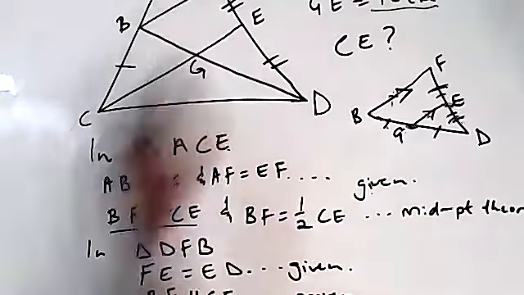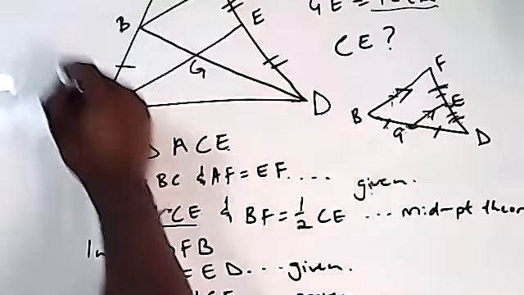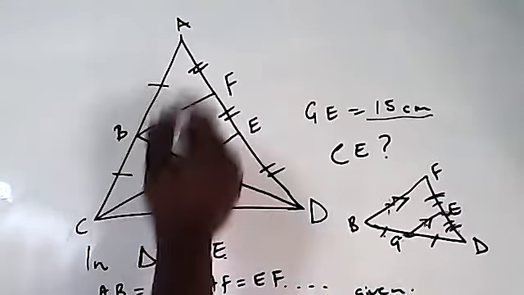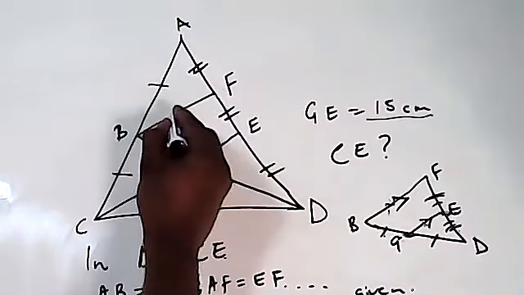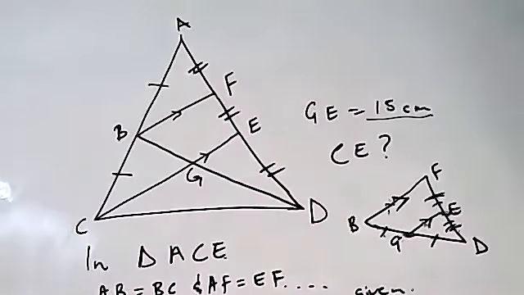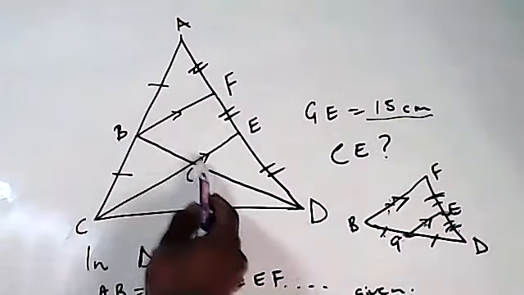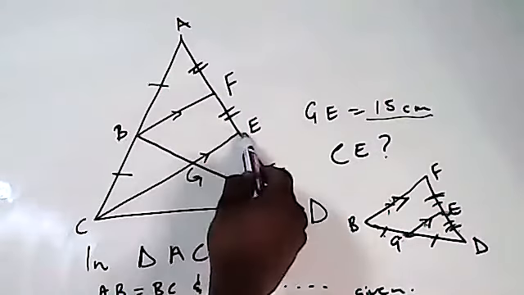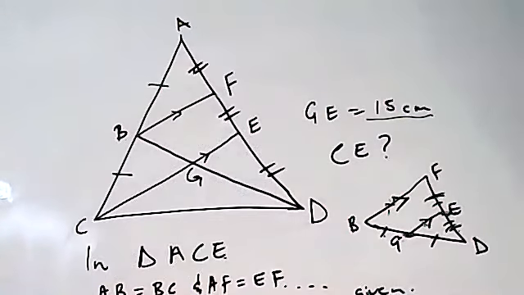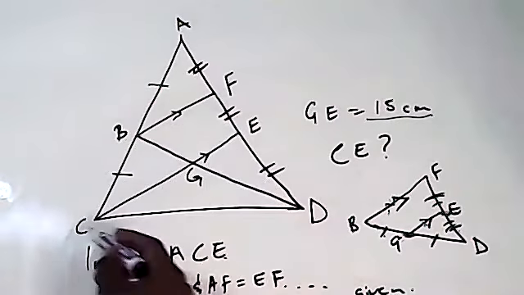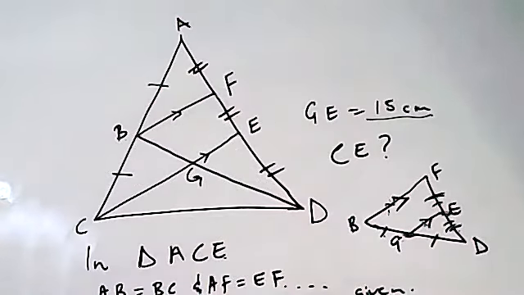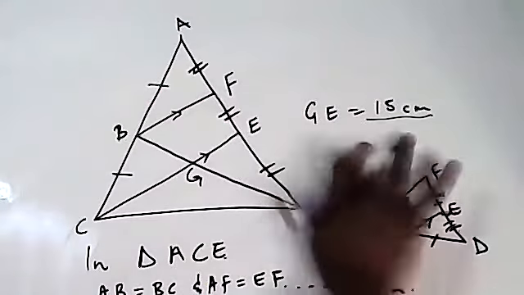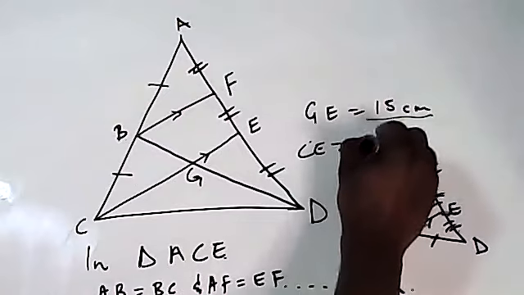What do we know about BF from this triangle? It is parallel to CE. And if it's parallel to CE, it means BF is half of CE. And if BF is half of CE, then it basically means that CE is 2 times BF.